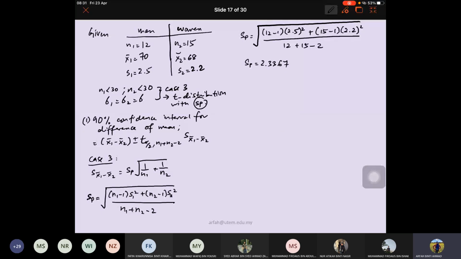Okay. Then, kira S of X bar 1 minus X bar 2 akan sama dengan 2.3367 square root of 1 per 12 tambah 1 per 15. So, kira yang ni dapat berapa?